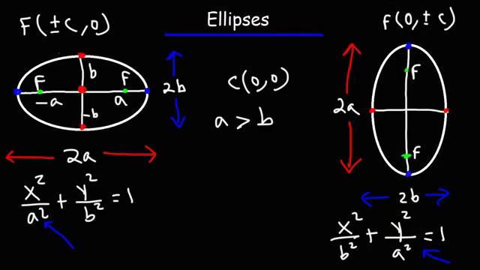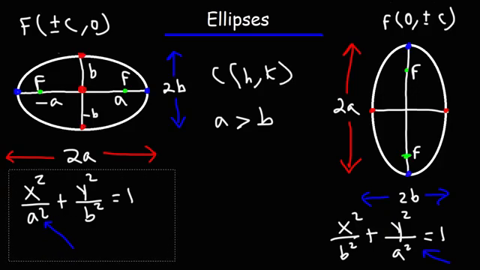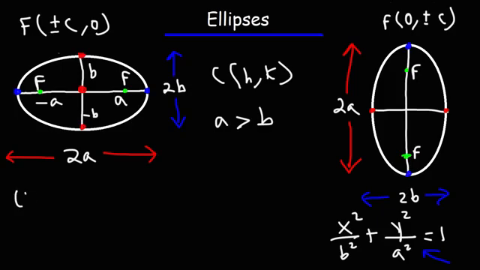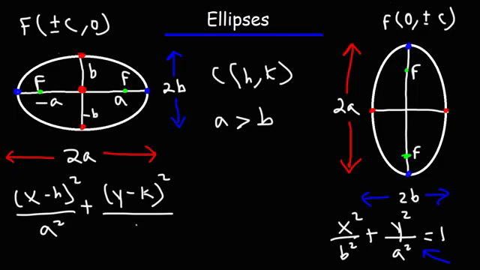Now, what happens if we have an ellipse that is not centered at the origin? If it's not centered at the origin, then the coordinates of the center become h comma k. This equation changes to (x minus h) squared over a squared plus (y minus k) squared over b squared is equal to 1.